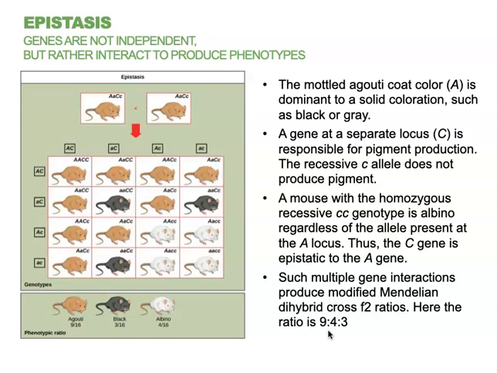And this explains sometimes why inside a family you might have a relative that has a completely different phenotype than what you see for the rest of the family members.